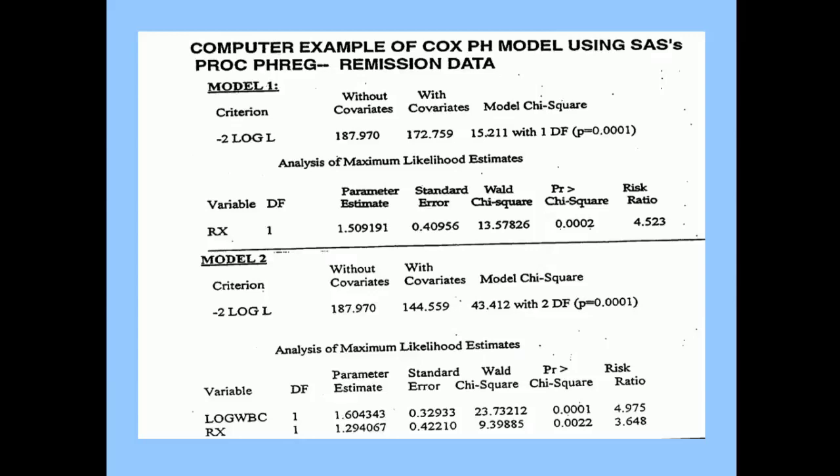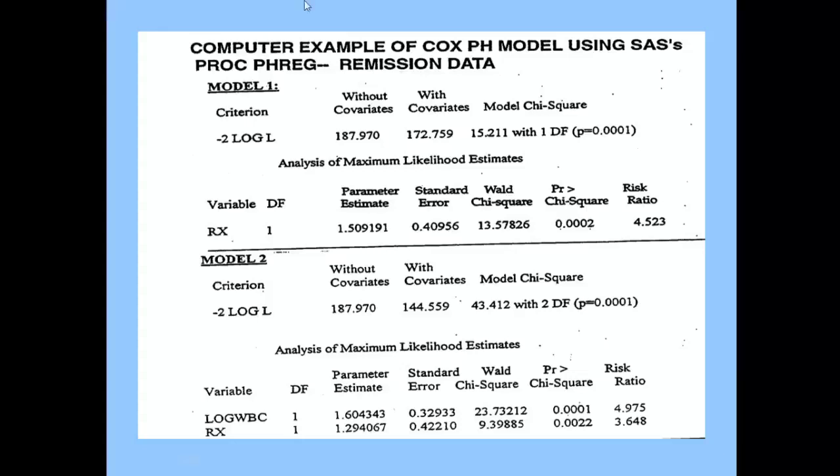Now, let me ask you the last question before we quit. For Model 2, what's the estimate of the hazard ratio for the effect of the treatment variable for Model 2? Now, notice Model 2 is a no interaction model, correct? We dropped the interaction term. It's a no interaction model.